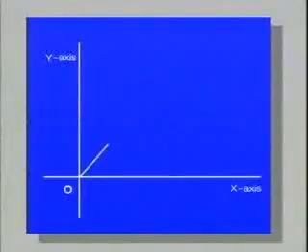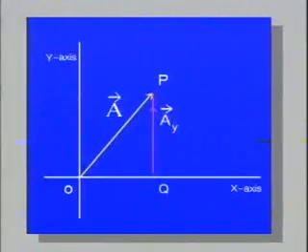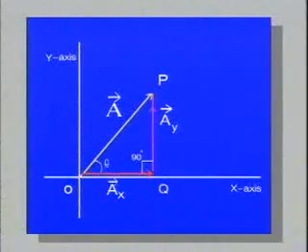When the components of a vector are perpendicular to each other, they are known as rectangular components. Let's see how vector A, which we have represented by OP, can be resolved into two components, OX and OY. If a perpendicular is drawn from P to the OX axis at the point Q, then the sides OQ and QP of the triangle OQP give the required rectangular components AX and AY of the vector A on the same scale as OP.